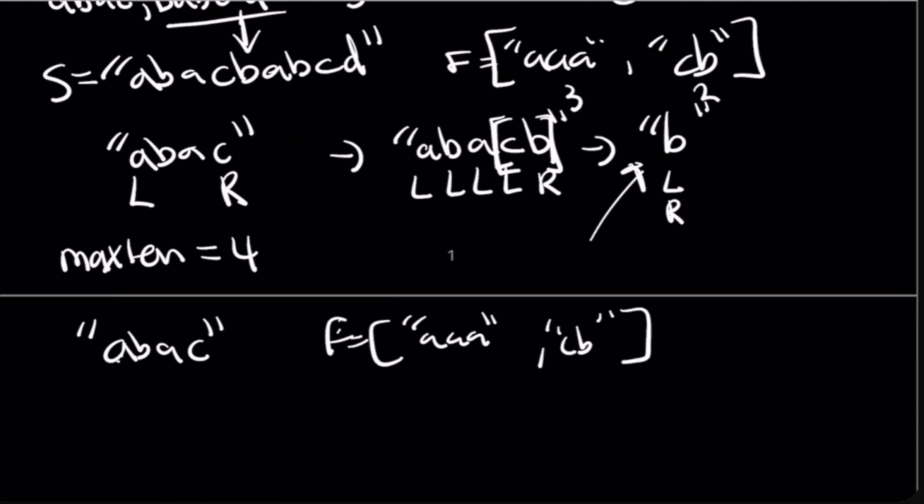We check if BAC is equal to AAA, and then we check if AC is equal to CB. Do you notice that? This will help us optimize it better, and you will understand once I start coding.